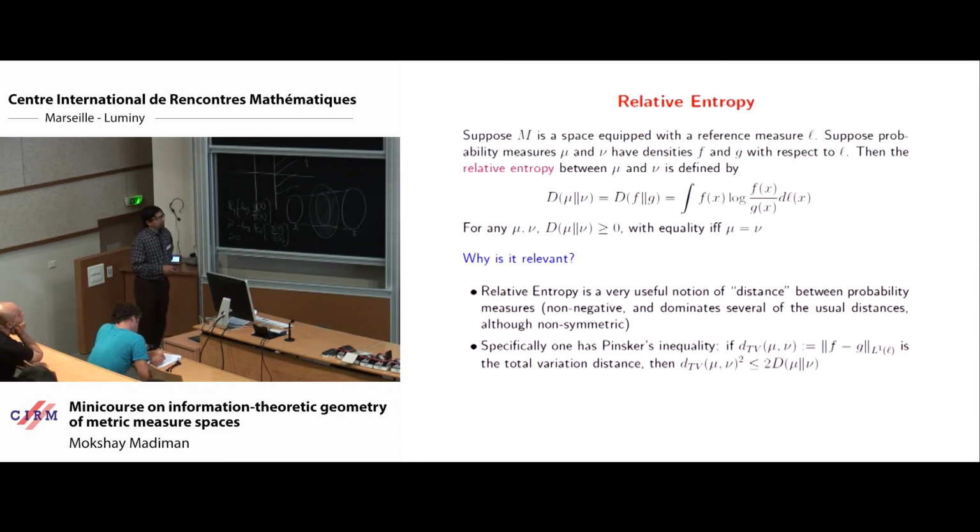Okay, this means that if a sequence of probability measures mu n converges to nu in the sense of relative entropy, then certainly it converges in this total variation sense. And this convergence in total variation is much stronger than convergence in distribution or weak convergence. So this is a very strong notion of convergence.